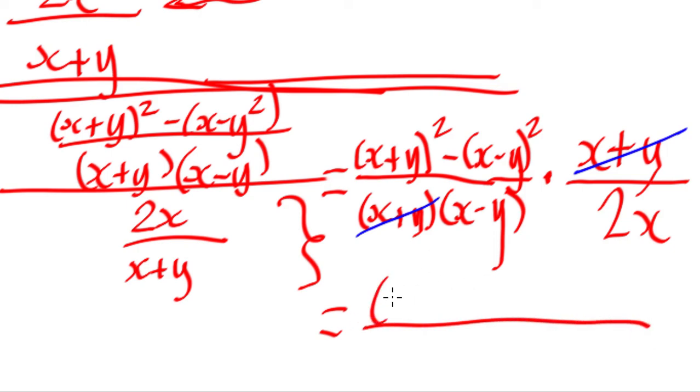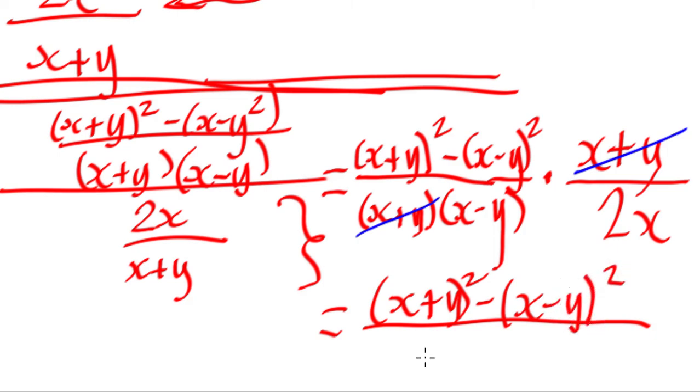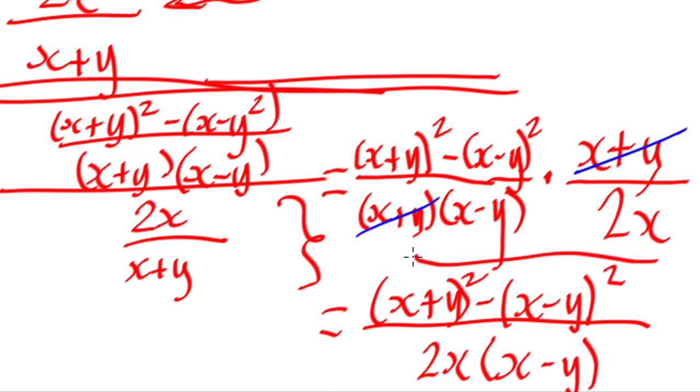So we have x plus y quantity squared minus x minus y quantity squared all over 2x times x minus y. And for the issue of space in my sketchboard, maybe I will leave you to simplify this further if we can simplify this.